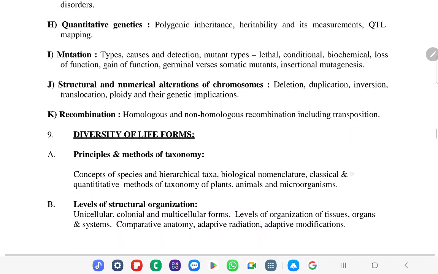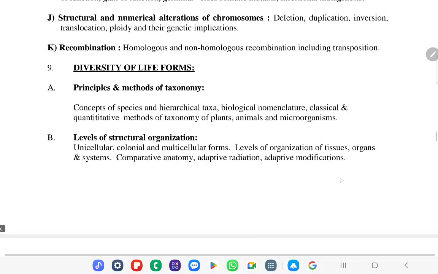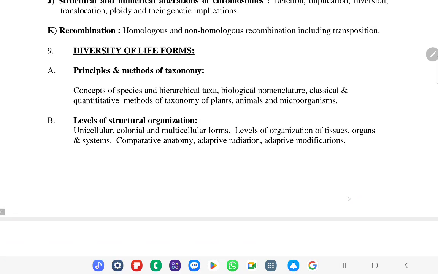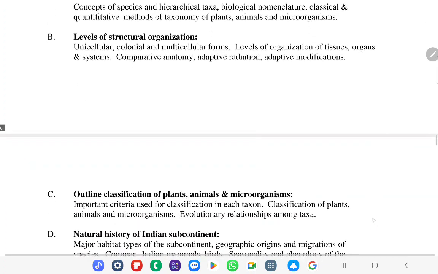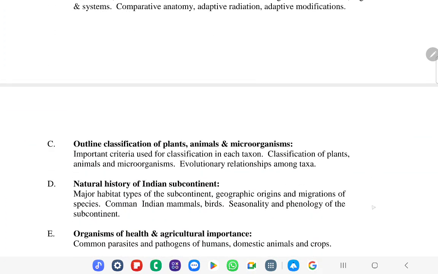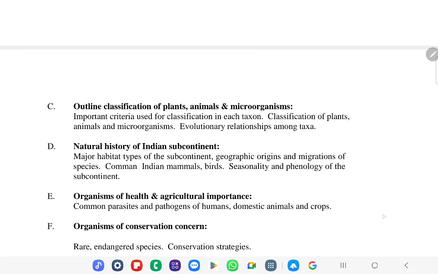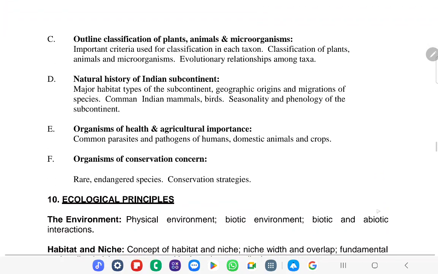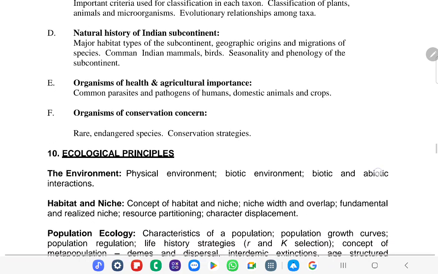Next, the ninth unit, diversity of life forms, which consists of principles and methods of taxonomy, levels of structural organization, outline classification of plants, animals, and microorganisms, natural history of Indian subcontinents, organisms of health and agricultural importance, and organisms of conservation concern.